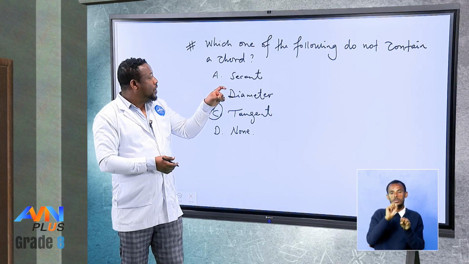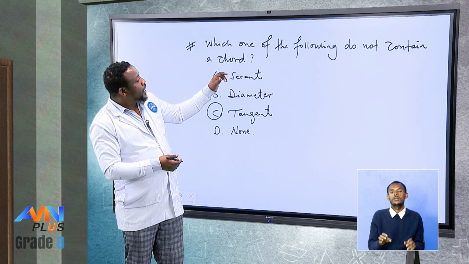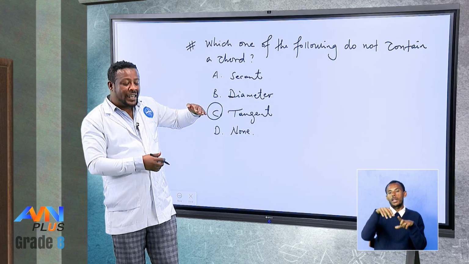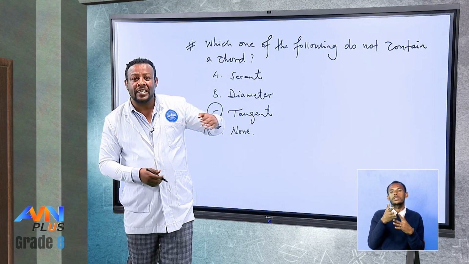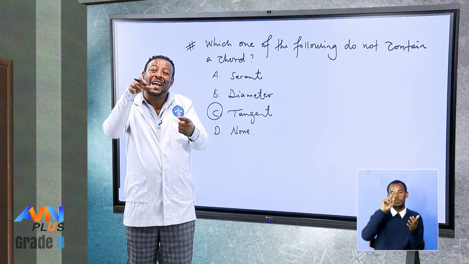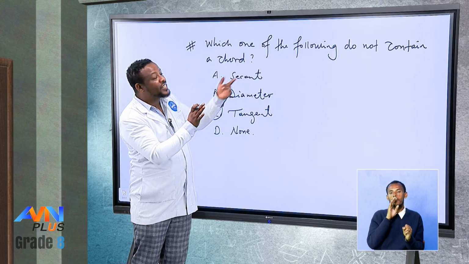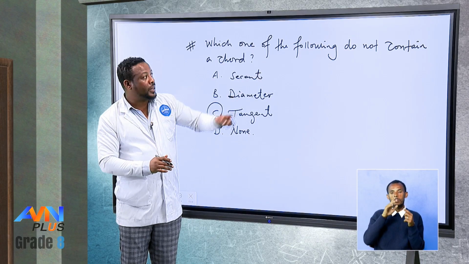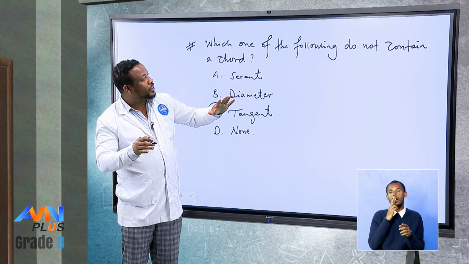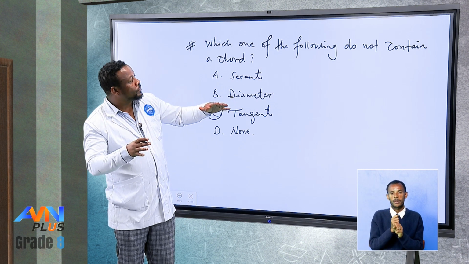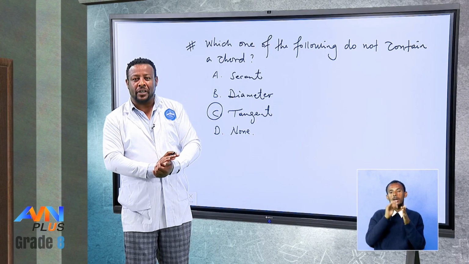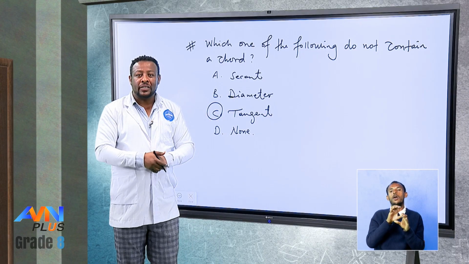So a chord can be on a secant line, because a secant line crosses or cuts the circle at 2 points. So the chord can be overlapping on secant. So it contains a chord, and A cannot be the answer, because we are searching for a line that do not contain a chord.